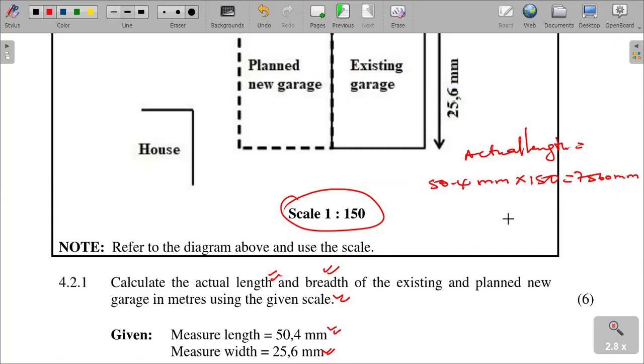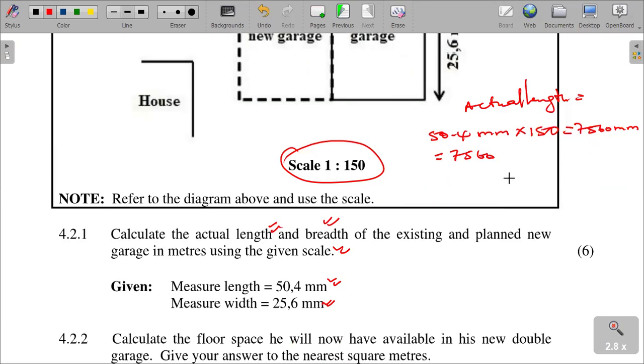And then we want it in meters, which is 7,560 divided by 1,000, which is equal to 7.56 meters. And that is going to be our length.